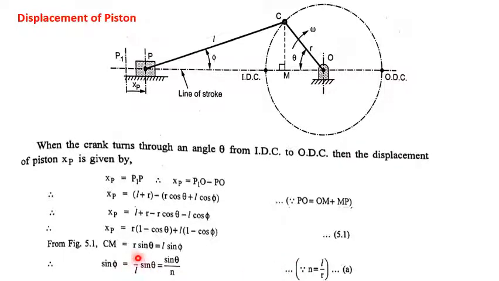So in place of R by L, we can write 1 by n. Therefore, this equation becomes sine phi equals sine theta by n. We are converting this phi term in terms of theta, because we have to express all the displacement in terms of either theta or phi. So in order to eliminate the phi term, we are converting it into a theta term.